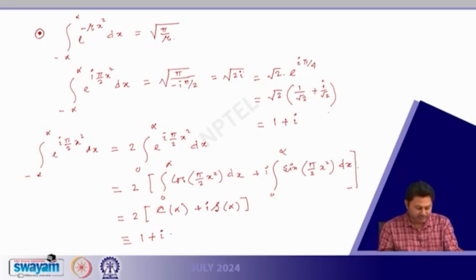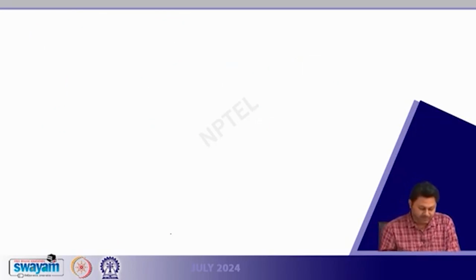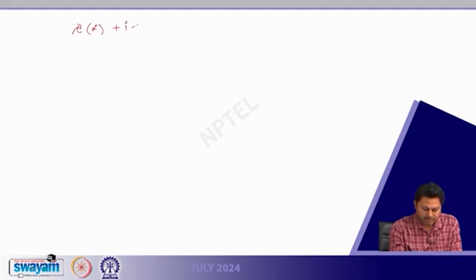So if I write C of infinity plus i S of infinity, that is essentially half plus i times half.